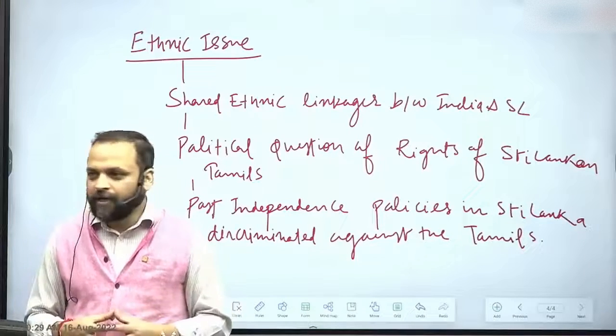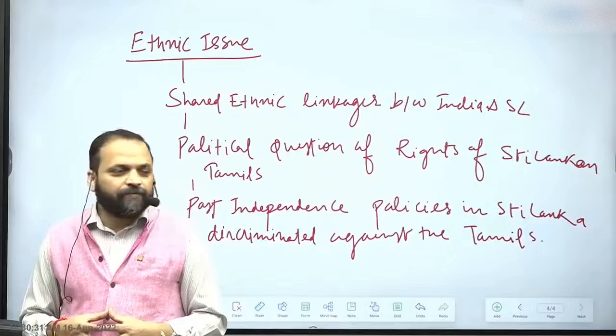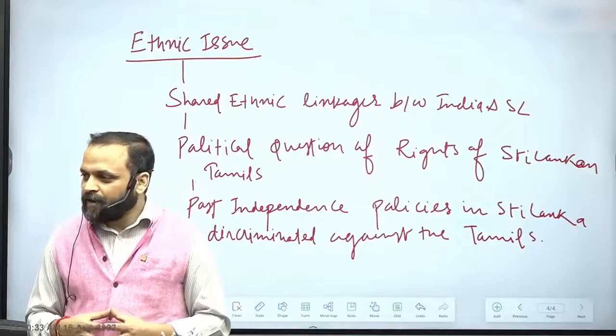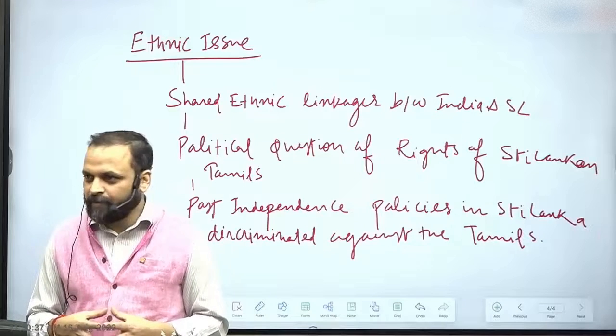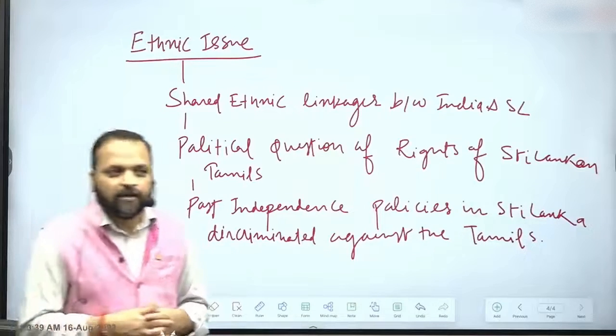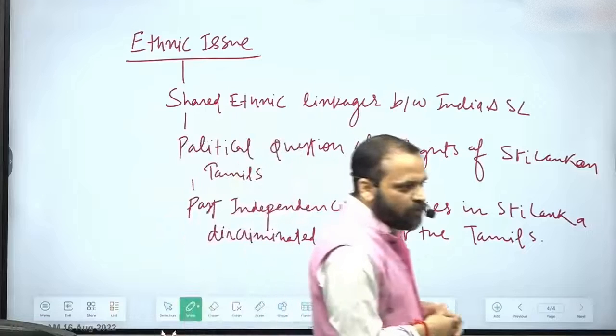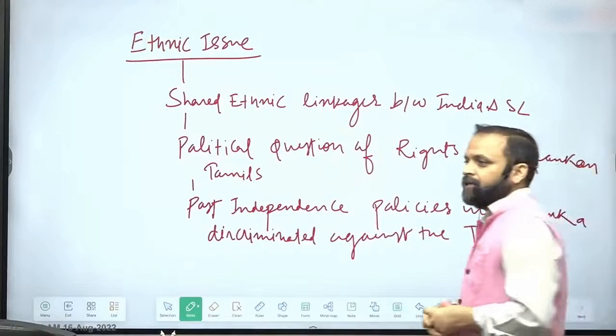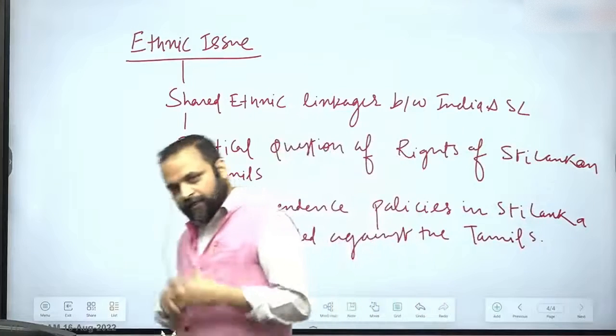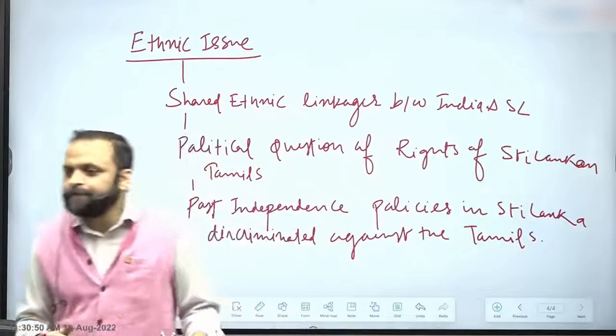Bangladesh became independent. Then you have similar demands in Sri Lanka. What are Tamils demanding? That Tamil be given equal preference as a language. Their cultural rights, their political rights should be equal with others in Sri Lanka. That is what they are demanding.